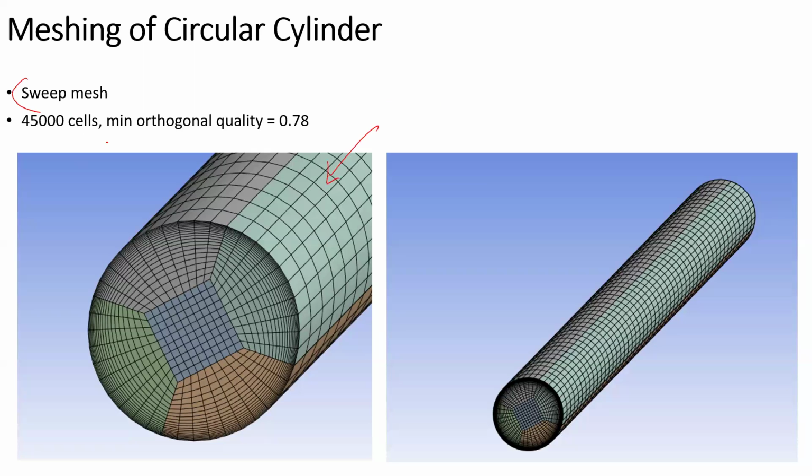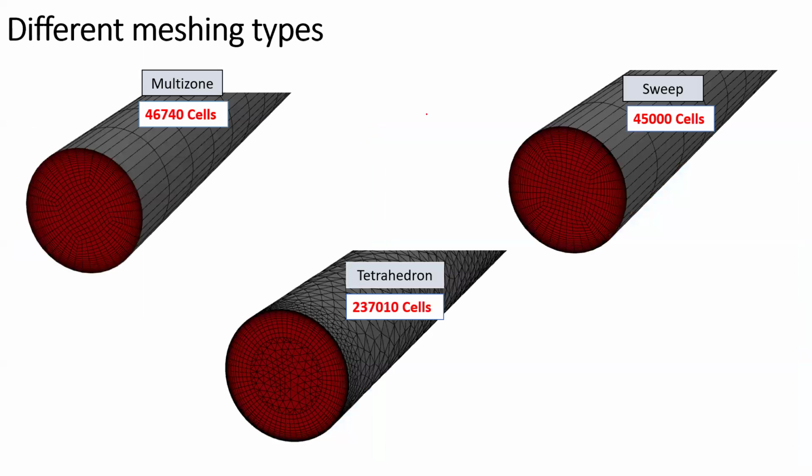And here I have shown the meshing from the 3 different methods that we actually use for our CFD mesh generation. The multi-zone method and the sweep method both produce a hexahedron mesh. And then the third method is tetrahedron, which will produce tetrahedrons, but definitely with the inflation layers, you can see here.